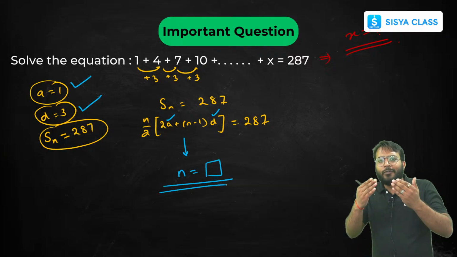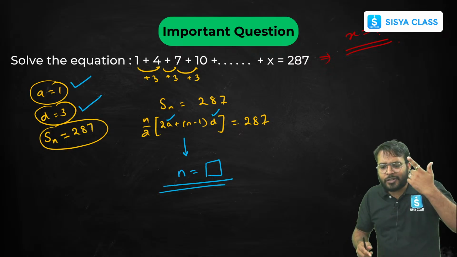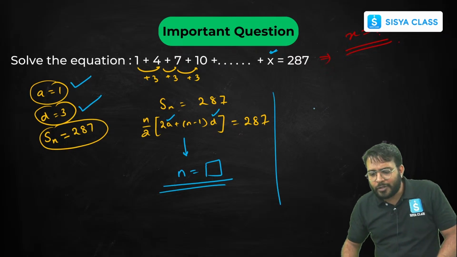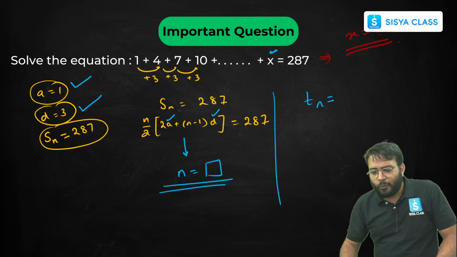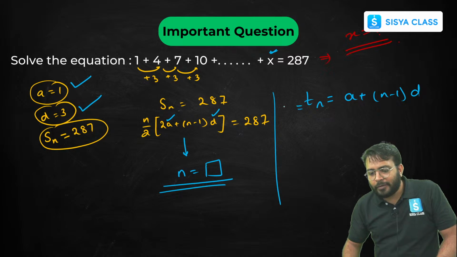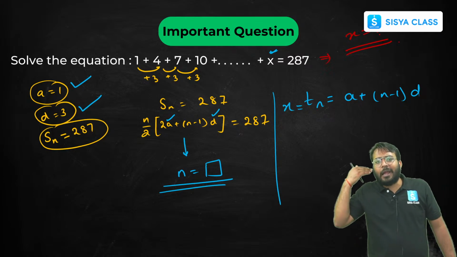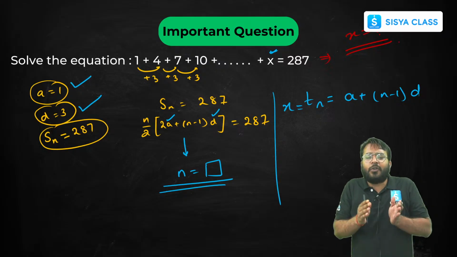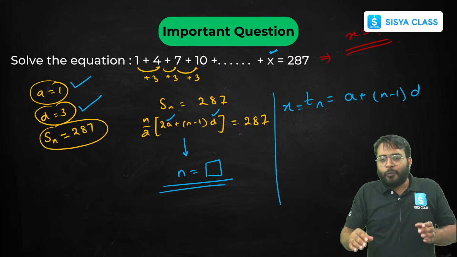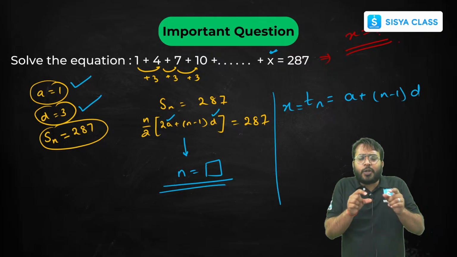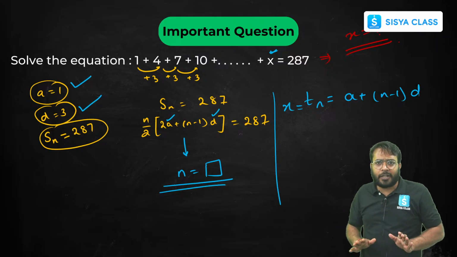Once you get the value of n, you just need to find the nth term. What is this nth term? The nth term is a plus (n minus 1) into d, and this is the x. The value x is nothing but the nth term of this sequence, because I have assumed that when I add n terms of this sequence, I get 287.